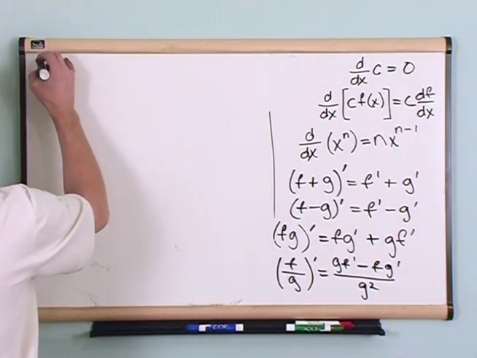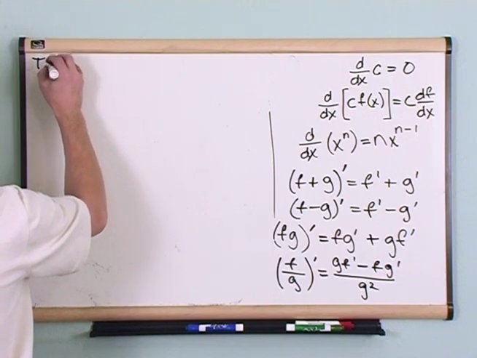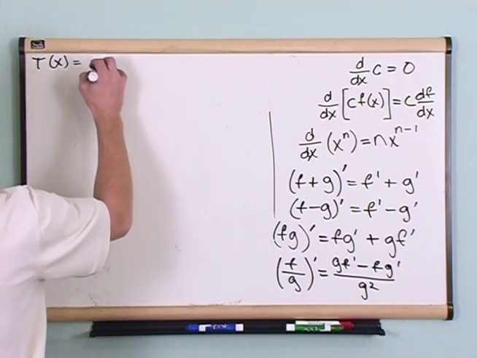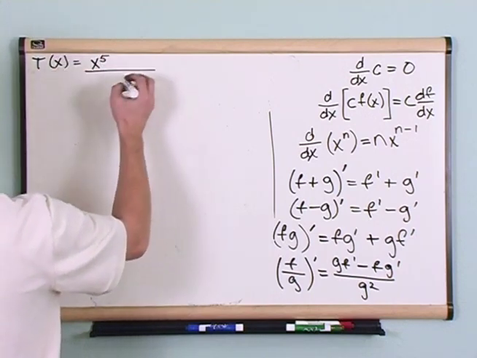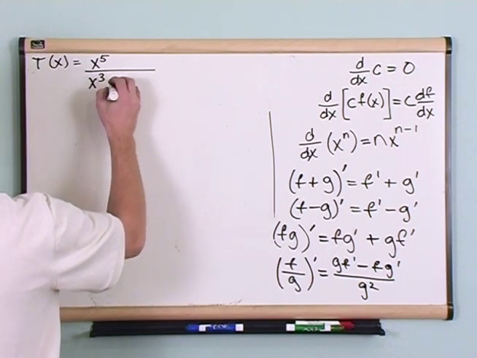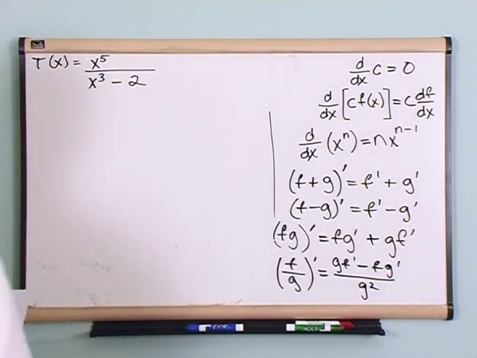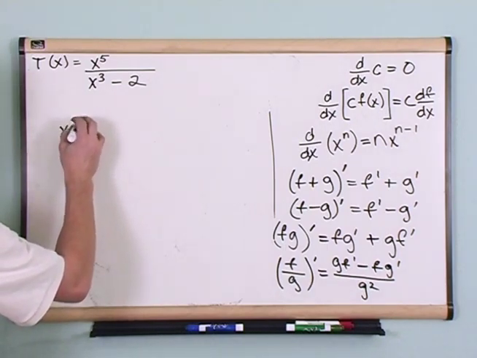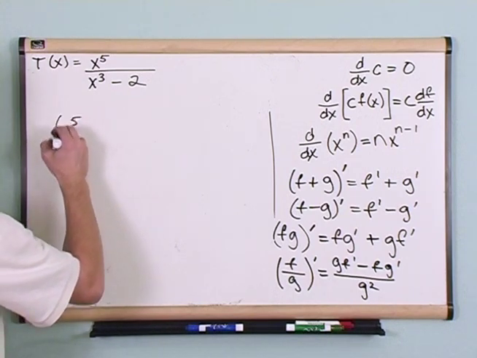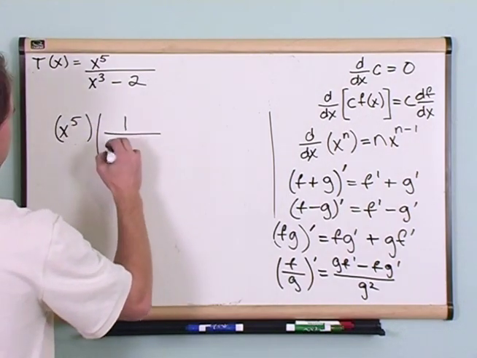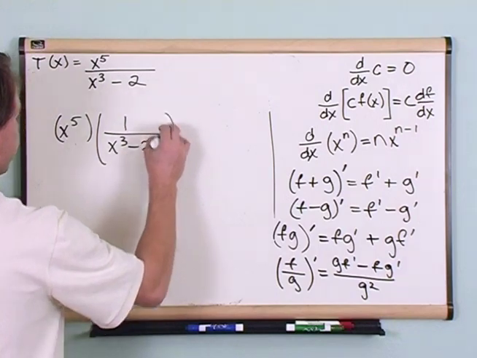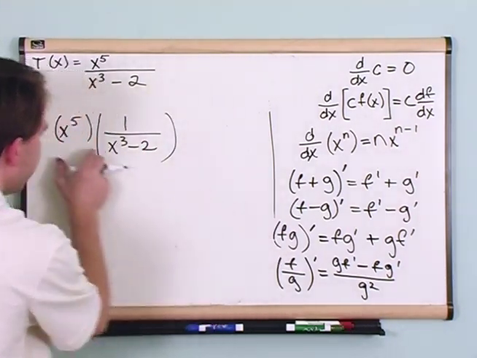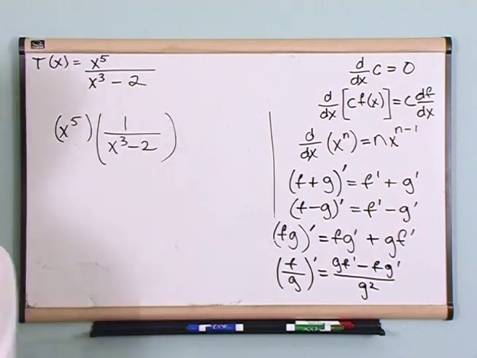Now, an example of that would be, what if you had t of x is equal to x to the 5th power divided by x to the 3rd power minus 2. Now, there's more than one way to skin a cat, okay? So we could break this out as x to the 5th times 1 over x to the 3rd minus 2. And I could use this formula then, this function of x times this function of x.